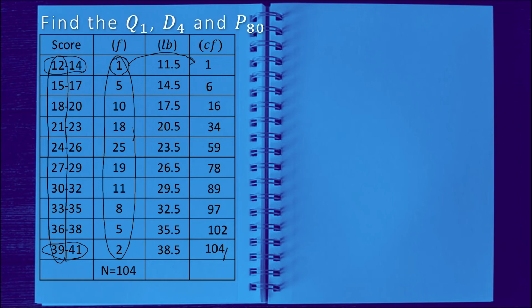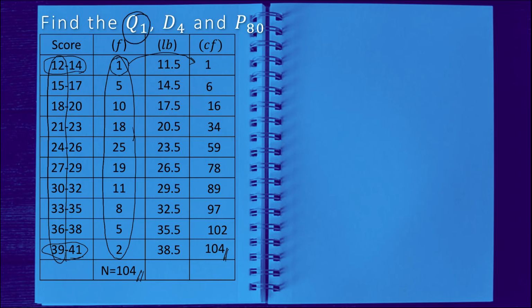Again, kailangan po yung dulo ng cumulative frequency ninyo ay equal sa total frequency na meron tayo. Ganun po. After po niyan, nakumpleto na natin yung distribution table natin.